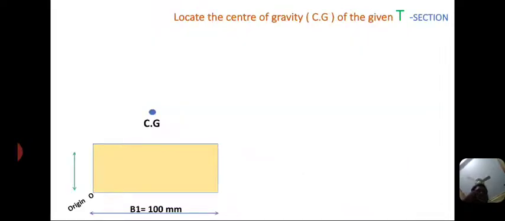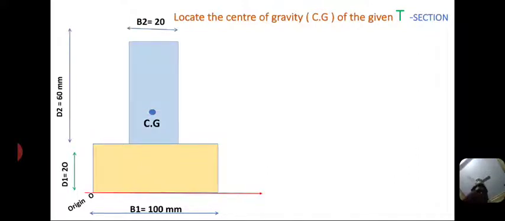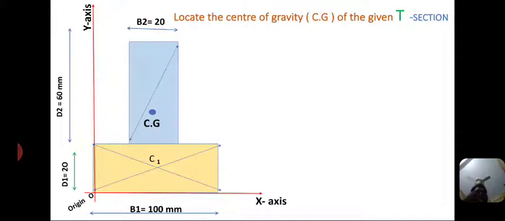The final location of the centroid is here. Here also C1 and C2 are the individual centroids, and CZ is the centroid of the entire section. CZ is at a distance of xc from the y-axis and yc from the x-axis.